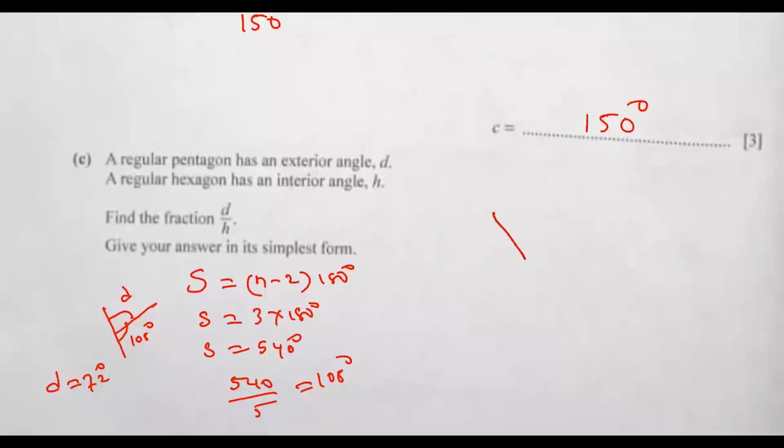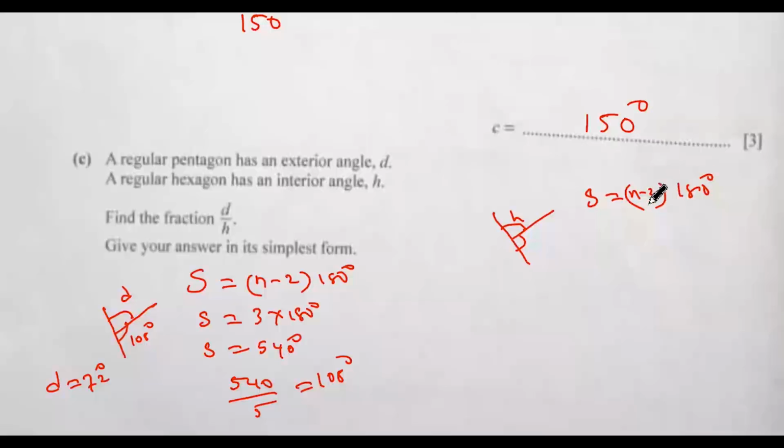So we need to do the same thing for the regular hexagon. If you draw it like this, we have one of the interior angles here, and this will be angle H. So we need to find the sum of interior angles in a hexagon. That will be S equals (n minus 2) times 180 degrees.